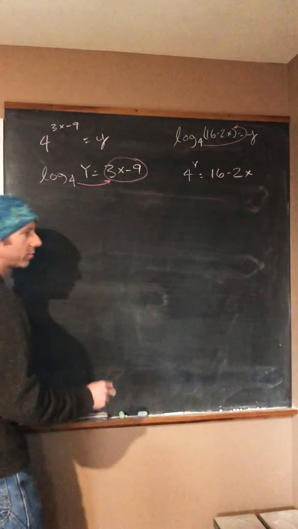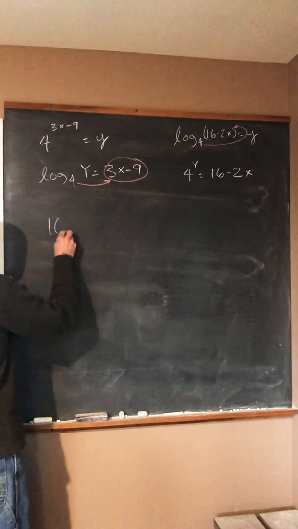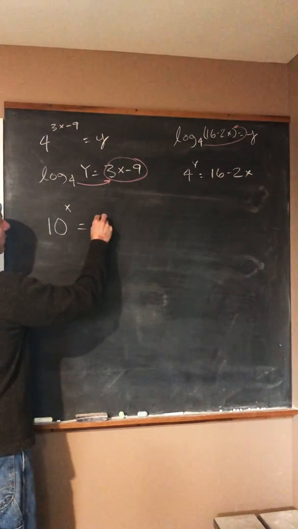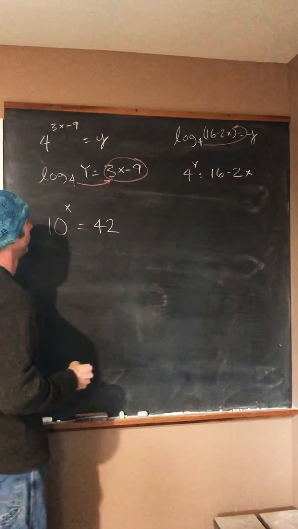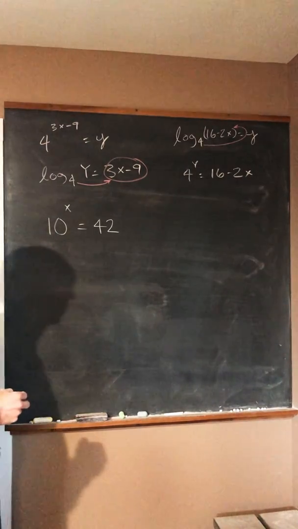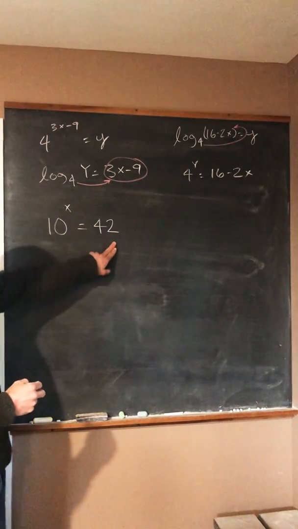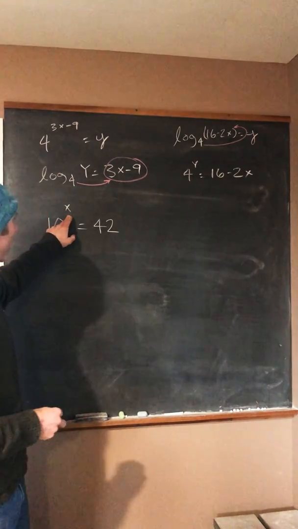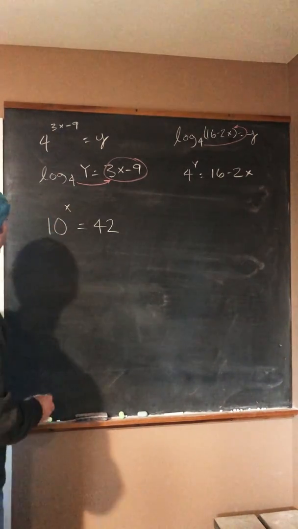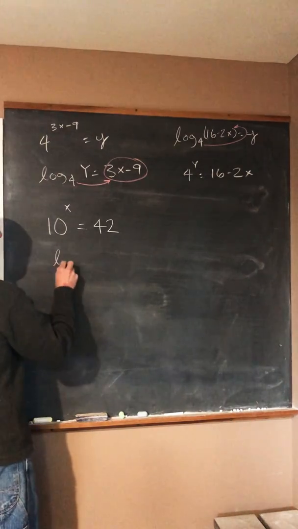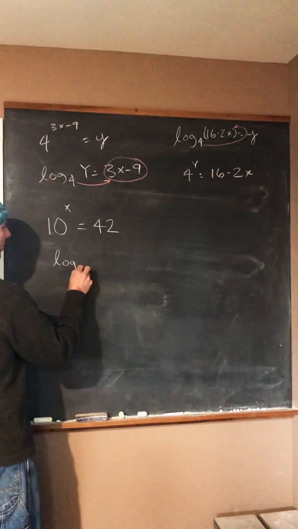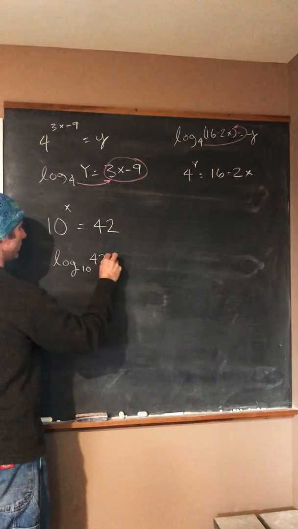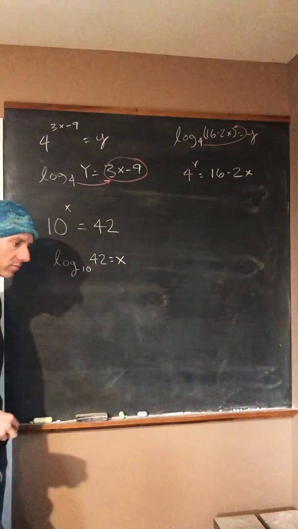Okay. How about 10 to the x equals 42. How do I solve for that x? Well, I want to rewrite it in log form. So in this case it's log base 10 of 42 equals x.